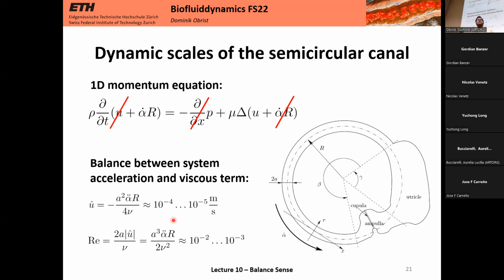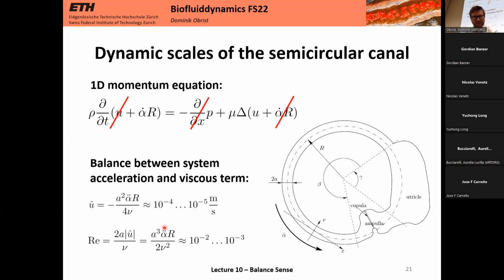They're really small, huh? But they're there. They're non-zero, and it will lead to a very slow Poiseuille flow. And because the canal is so slender, only about 0.3 millimeters wide, it will lead to a lot of viscous friction, which balances the inertial force.